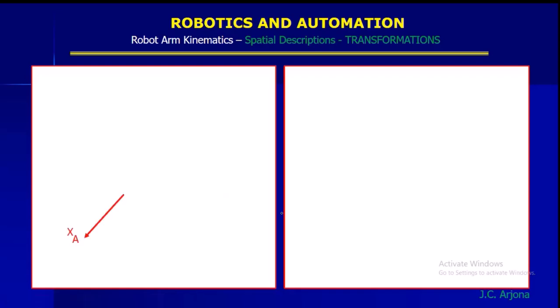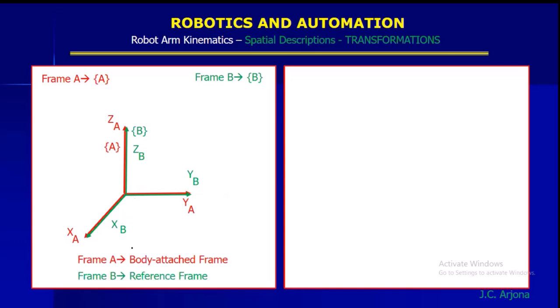Here, presenting to you the slides of the frames. This is our frame A. And placing frame B with the same origin as frame A. So this is the frame B, XB, YB, and ZB. And the frame B is known as the body attached frame.